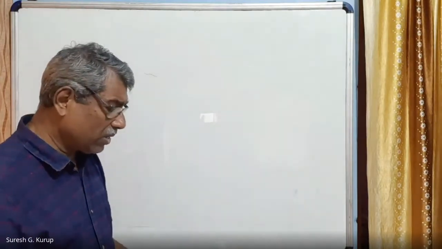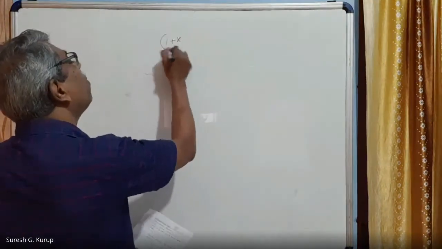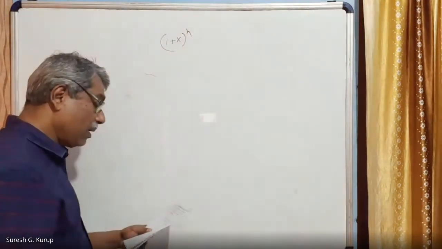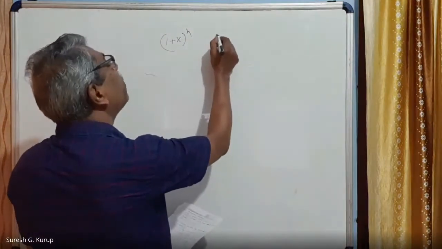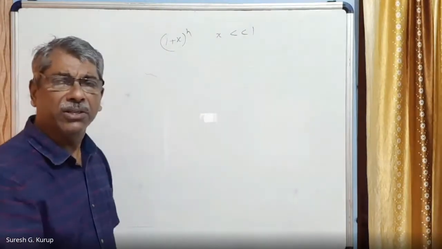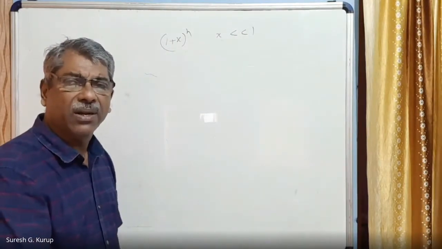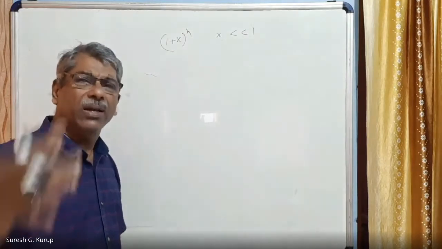Yes. For example, a function is there like this: 1 plus x the whole raised to n. In this case, x is very much less than 1. n is an integer, a positive integer, right? That can be equal to 1, 2, 3, or greater than 3 also.